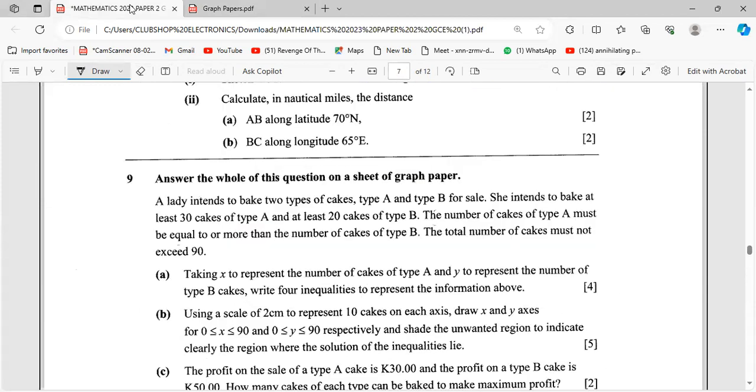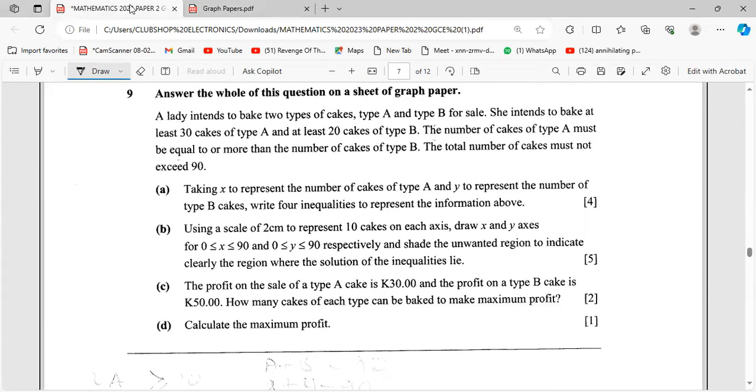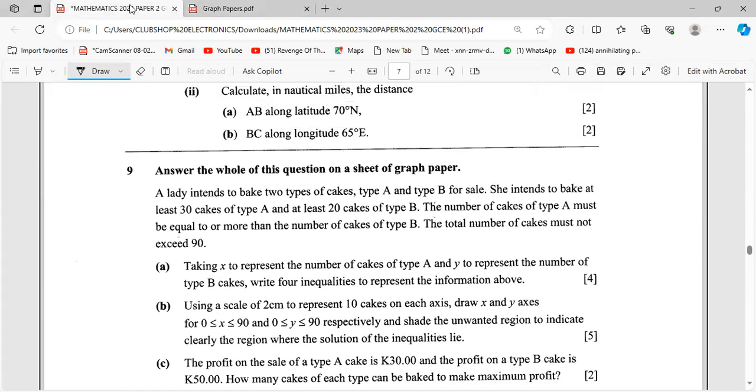So what I'm going with is this one, which is linear programming. Answer this question on a sheet of graph paper.